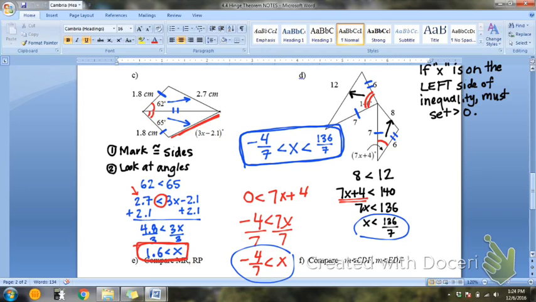So if X is on the left side of the inequality, that's when you must set it greater than 0, when X is on the left side.